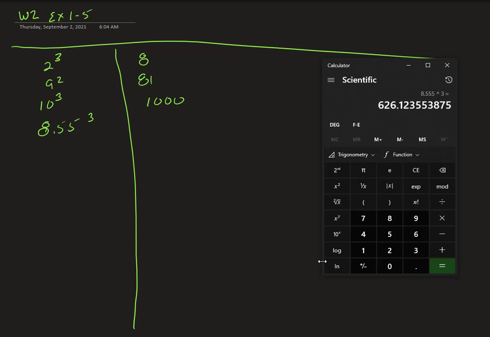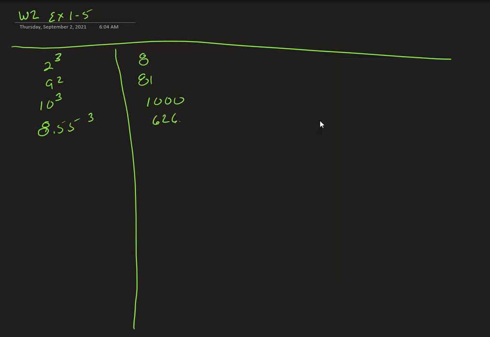This is not an exact number, so we're going to go with 3 significant digits, and we have 626.12, and we just need 3 significant digits. The 1 does not round up, so I'm going to just call that 626.